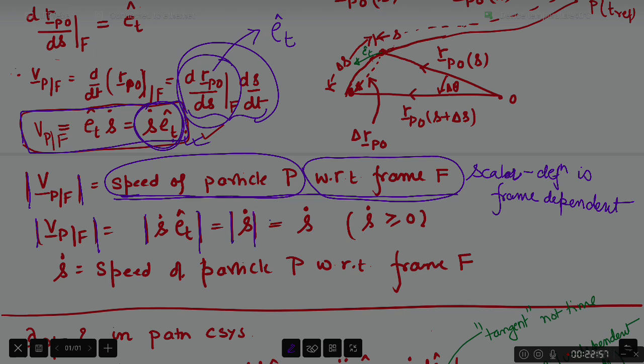But it is adequate to write this simply as S dot, because S dot is guaranteed to be always greater than or equal to 0. It is a positive definite quantity. So it suffices to write the speed of the particle as S dot with respect to frame F in our context.